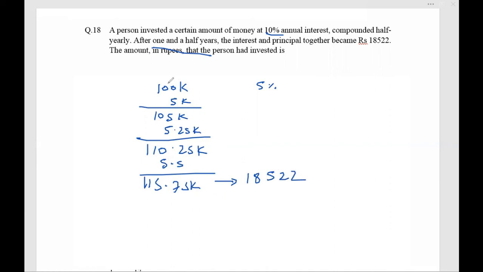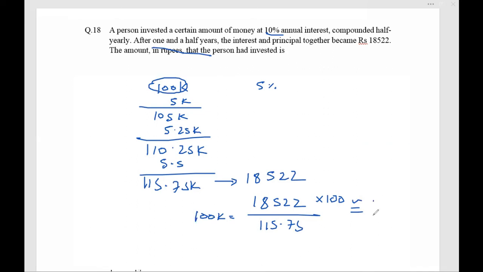The investment amount we need to find out, that is 100k. So 100k must be 18,522 divided by 115.75, very close to 116, into 100. If you simplify, it will come to very close to 16,000.